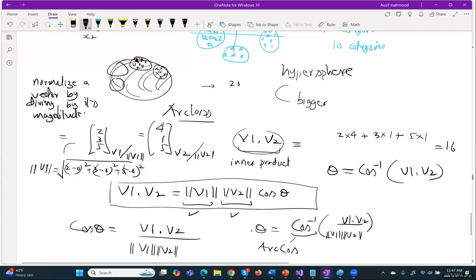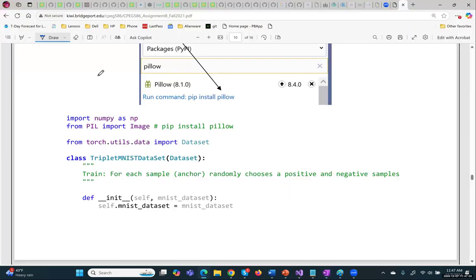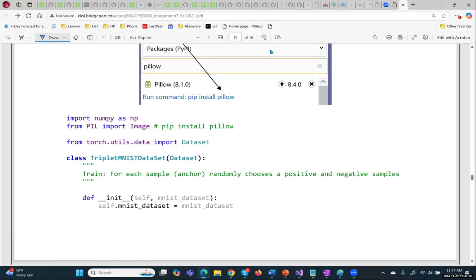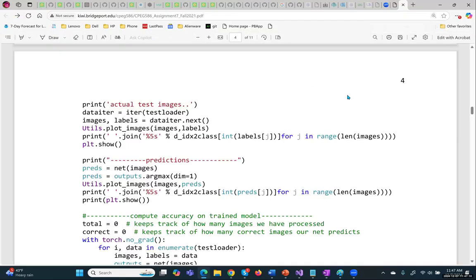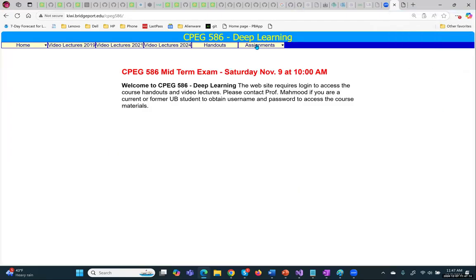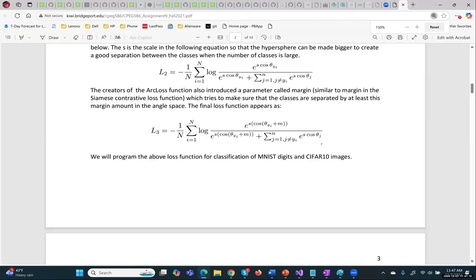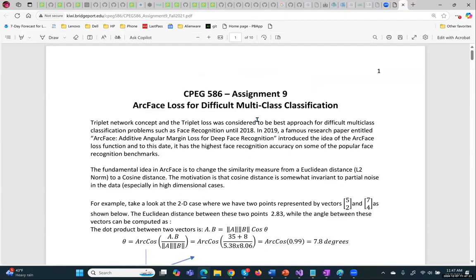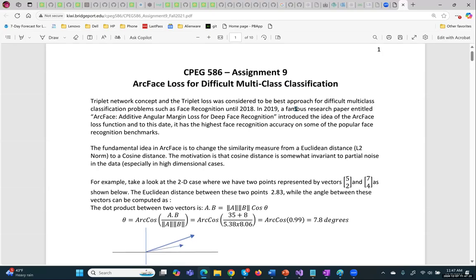So now let me take you to assignment number 9. As I mentioned, the title is ArcFace Loss for Difficult Multi-Class Classification.